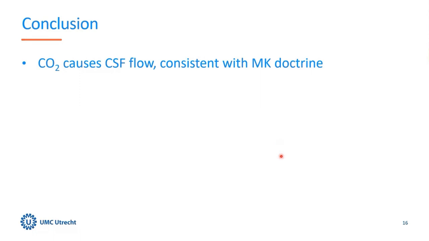Then onto the conclusions. We did see a link between CO2 and CSF inflow, which is consistent with the Monro-Kellie doctrine, that CO2 causes a change in cerebral blood volume, which is followed by a change in CSF flow.